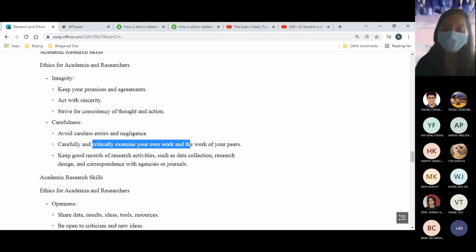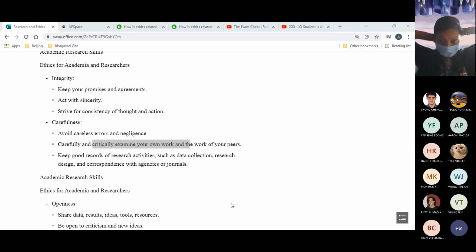Let's say your boss asks you to do a research. Go and find out how many people like durian toothpaste, and then you go and give statistics. Out of 20 million people, at least 15 million people like durian toothpaste. And then you start a big production manufacturing durian toothpaste.